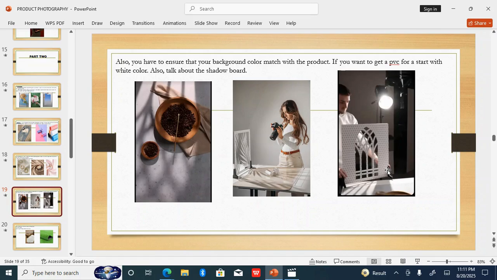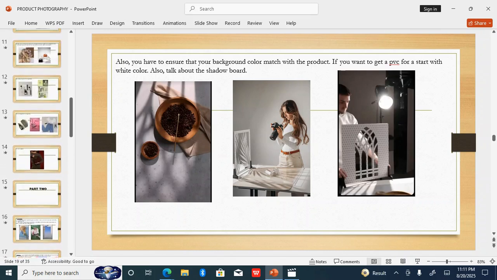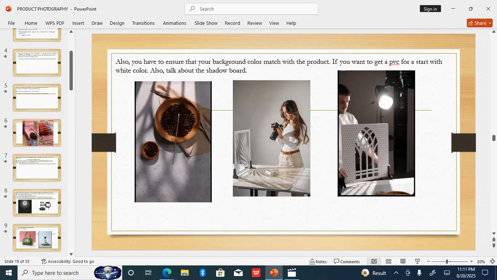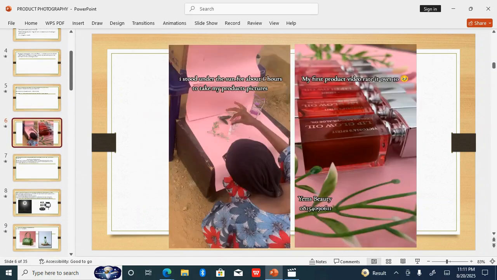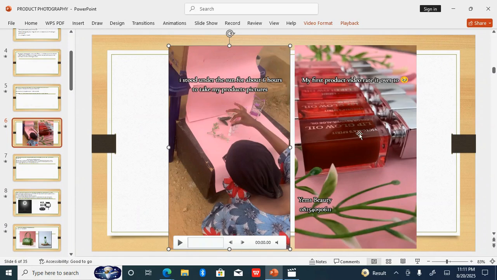And yes, I remember somebody asked me during the class, can you use cardboard for your background? Yes, it's possible. If you take a look at this video, you can see two lines here. Yes, I used cardboard because I needed a pink background, and I could not buy PVC, so I had to go and buy cardboard.